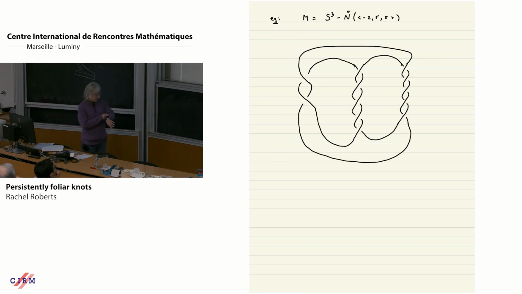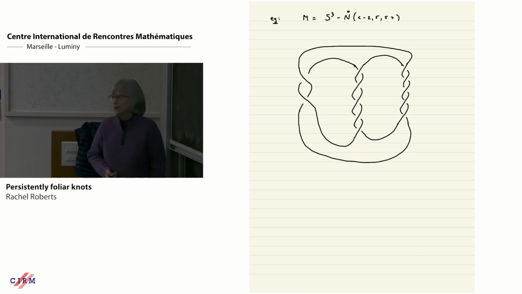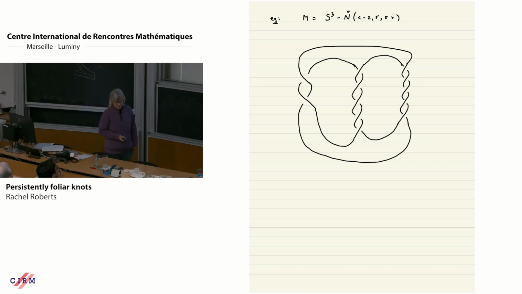Okay, so I'm going to start with this example. I'm going to start with my manifold just being the complement of -255. So we're going to jump up to an example that's a little bit more complicated than the earlier ones.